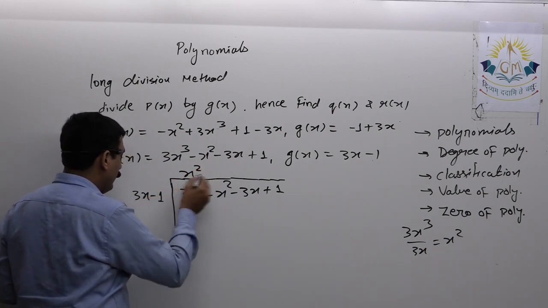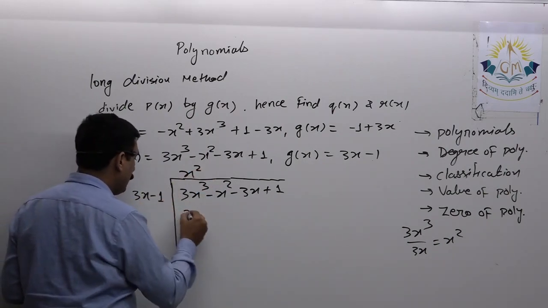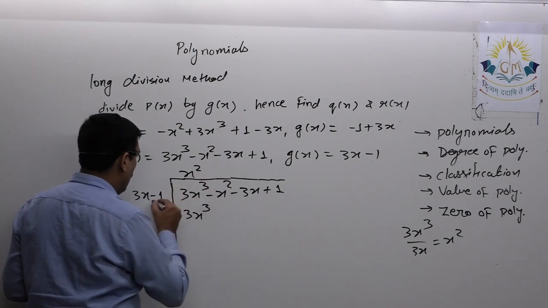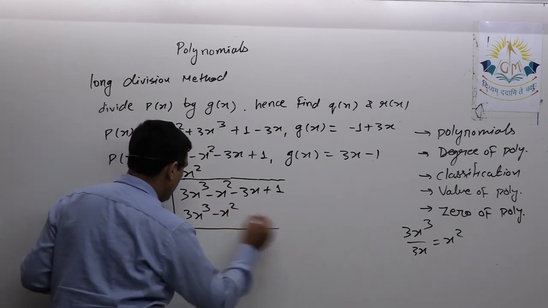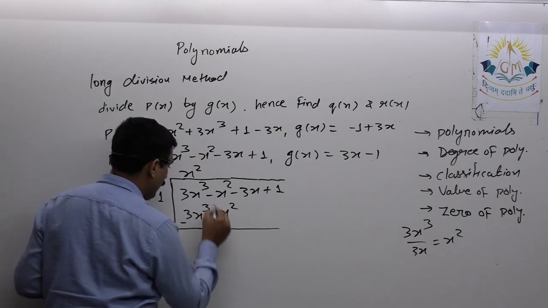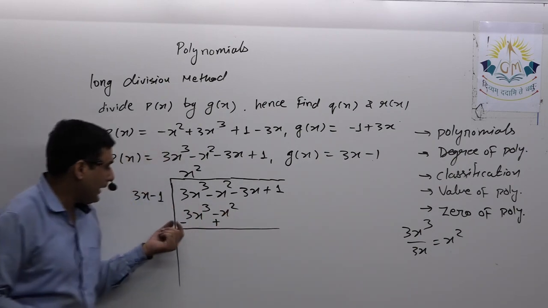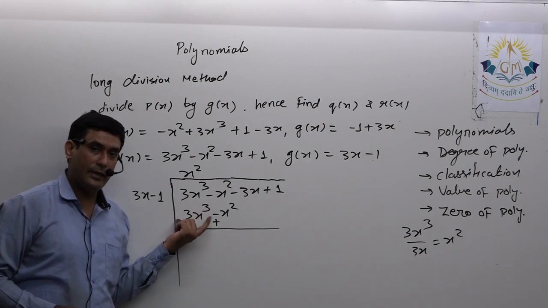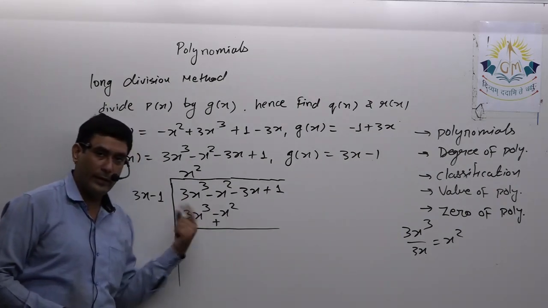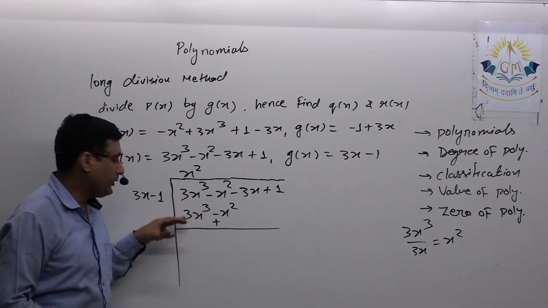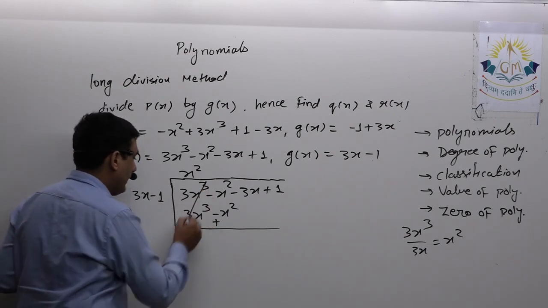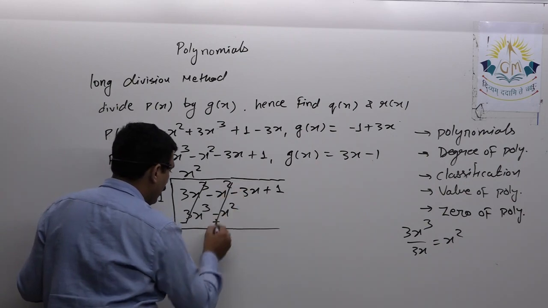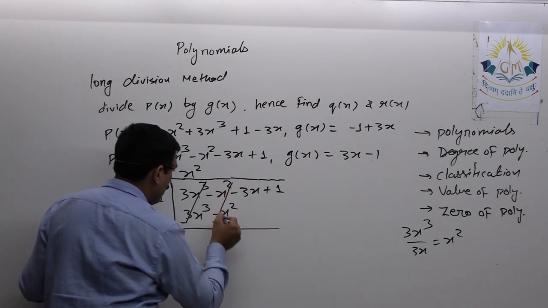Now I multiply: x square into 3x is 3x cube, x square into minus 1 is minus x square. Now I subtract; when I subtract, the sign of each term in the second row gets interchanged. So I can cancel these two as well as these two, because this is minus x square and this is plus x square.